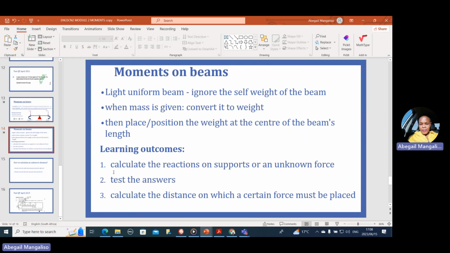And you are expected or required to test the answer, using Newton's third law. Number 3, you must be able to calculate the distance at which a certain force must be placed. So the things that you calculate under beams will be the supports or reactions, testing the answer, and calculating the unknown distance.